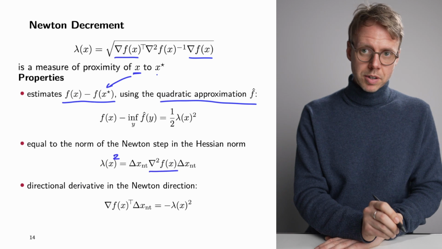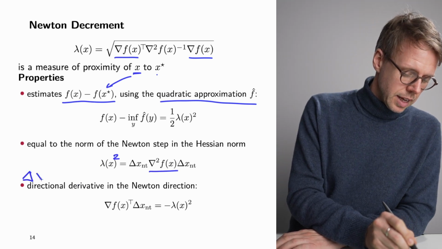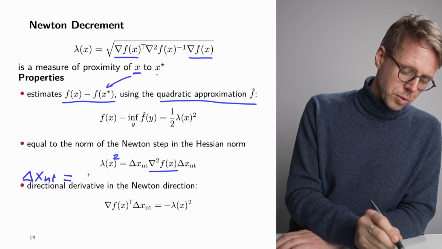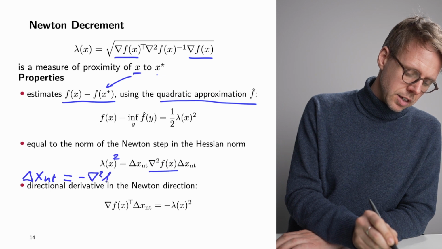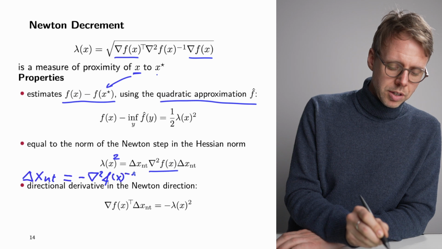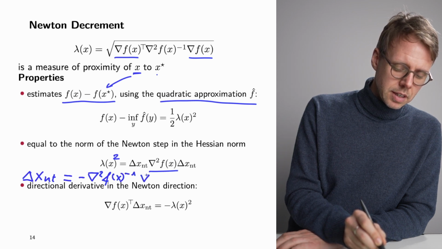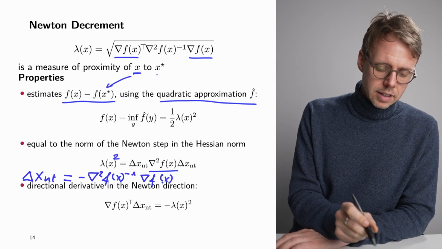So remember, delta x nt equals minus the Hessian of f at x inverse times the gradient of f at x.